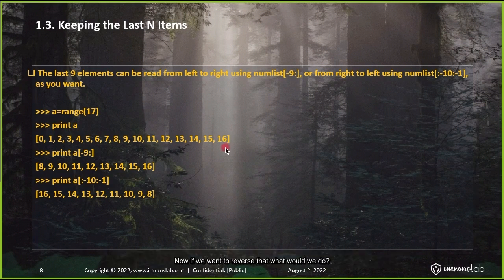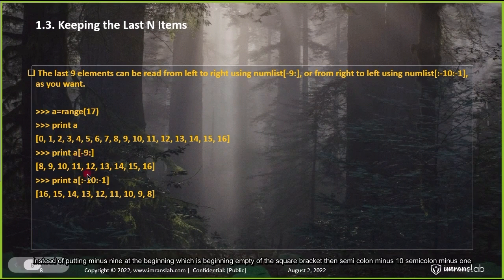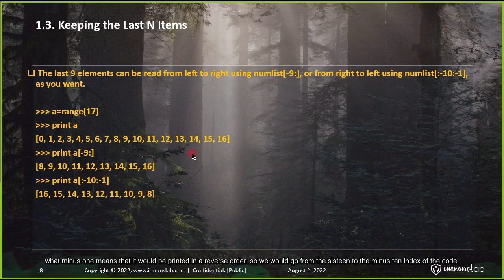Now, if we want to reverse that, what would we do? We would just simply put this in the code. Instead of putting -9 at the beginning, we just keep the beginning empty in the square bracket, then colon -10, colon -1. What -1 means is that it will be printed in reverse order.